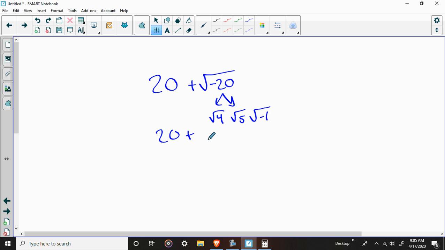So what is that going to be? 2i times radical 5. You can't add these things together because you can't evaluate these, so you leave it just like that. This is what we call a plus bi form.